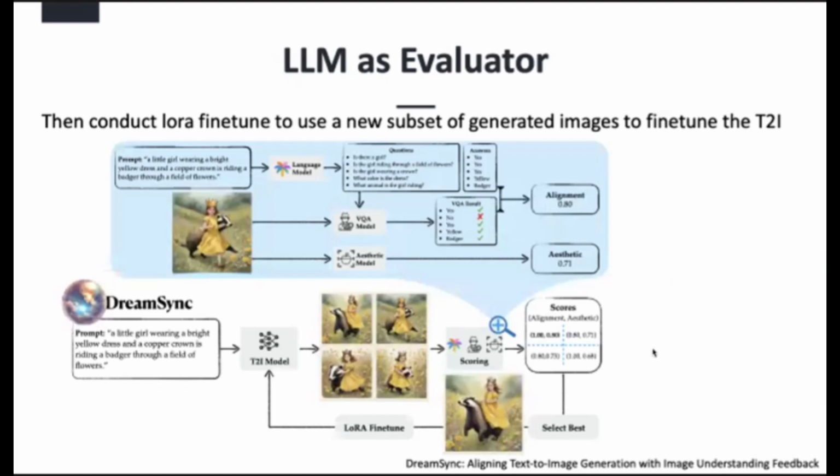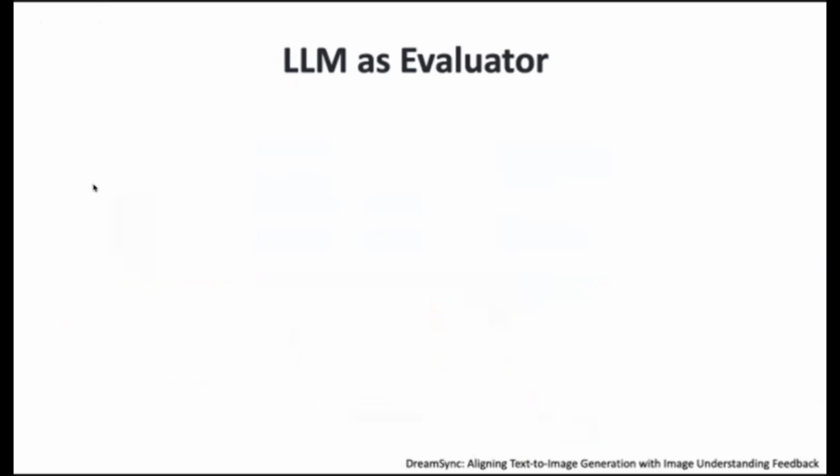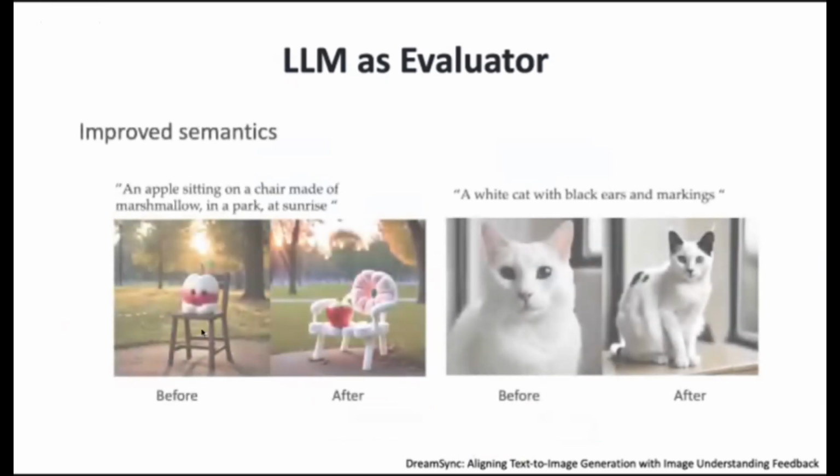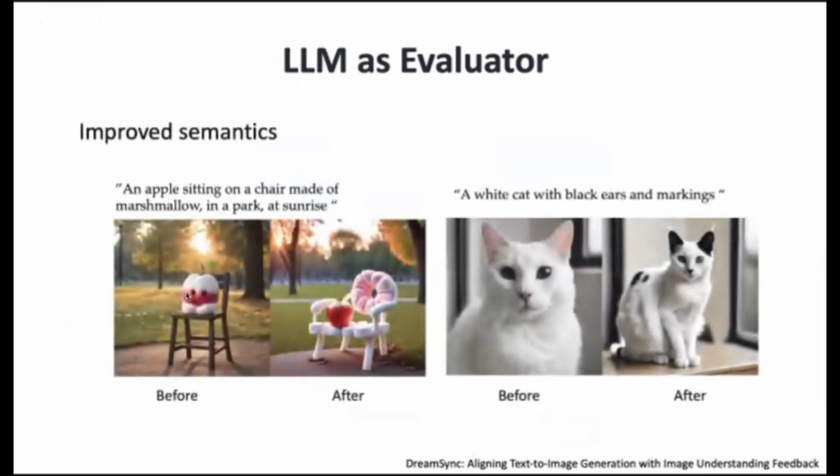And after tuning, the text-to-image model has much better semantic alignment. We can see that before tuning, the text-to-image model has difficulty understanding complex semantics, but after tuning with high-quality generated examples, the semantic alignment is significantly improved.